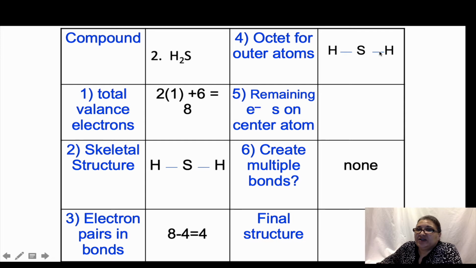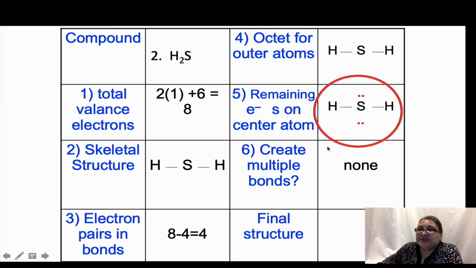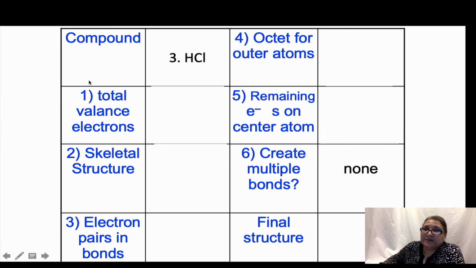So hydrogen is satisfied. We cannot add any more to hydrogen, so the two pairs will go around the sulfur. So we have 1, 2, 3, 4, 5, 6, 7, 8. Next one, HCl. H is 1, Cl is 7, so we have 8. 7A and 1A.